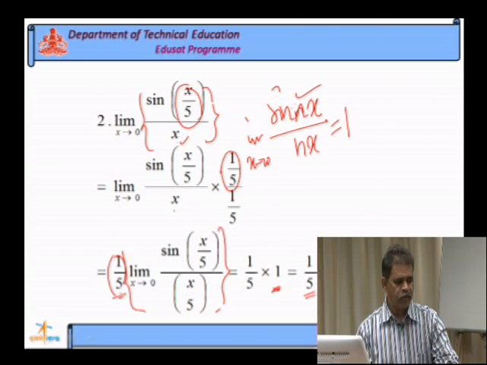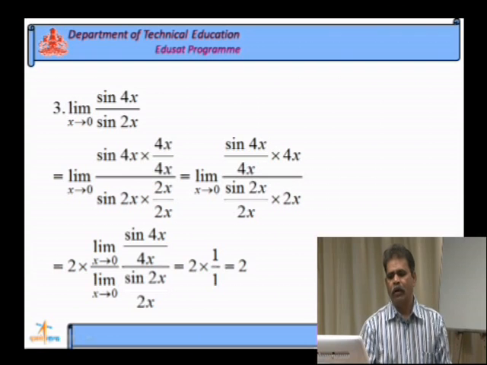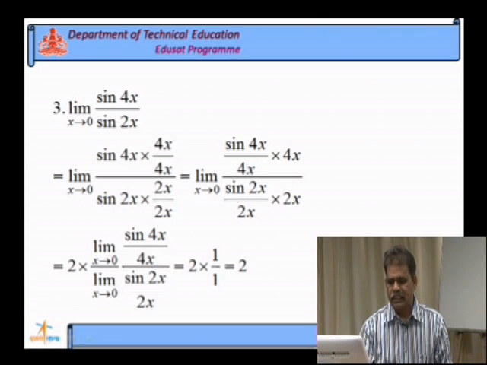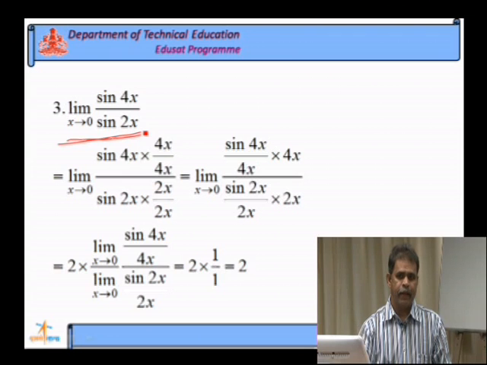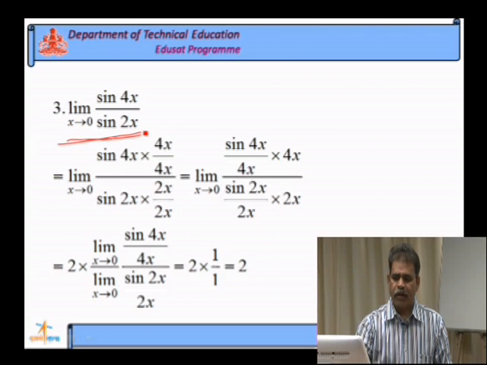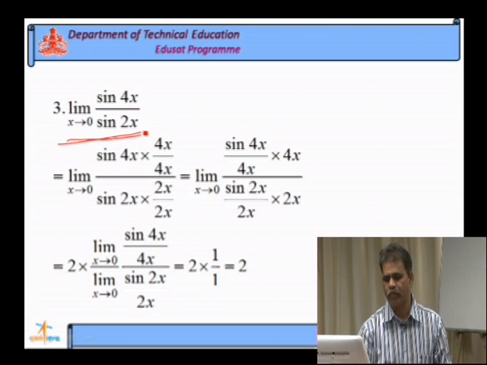Look at the next problem, limit of sin 4x divided by sin 2x as x tends to 0. This is our problem. Both numerator and denominator are in sin only, that is sin mx divided by sin nx or sin nx divided by sin mx, it is of that form.